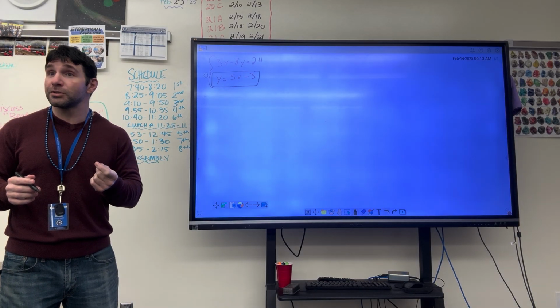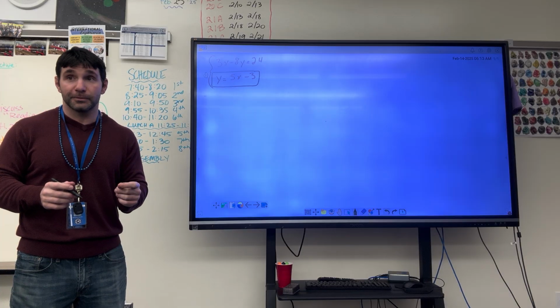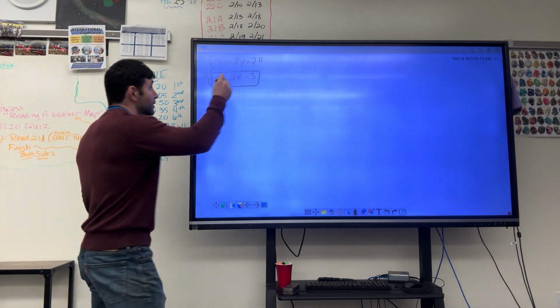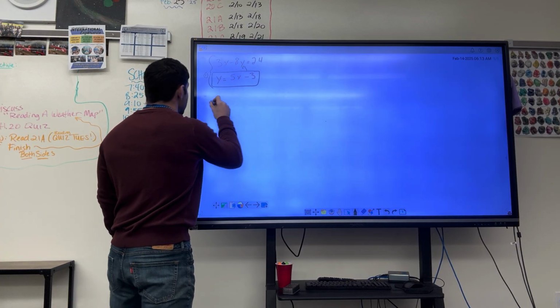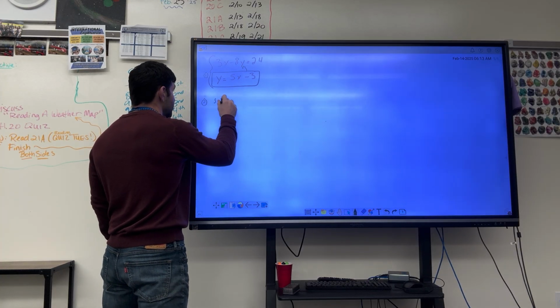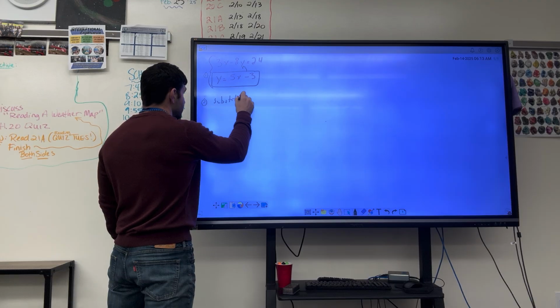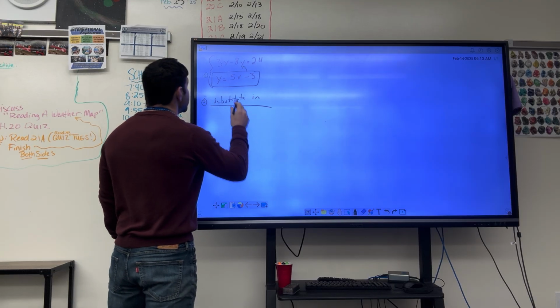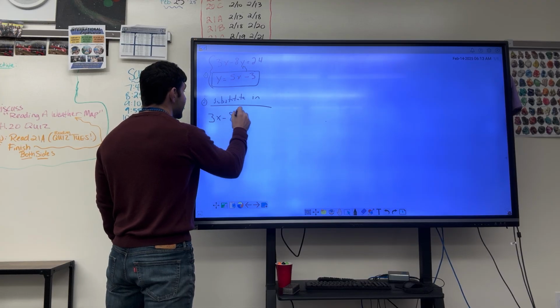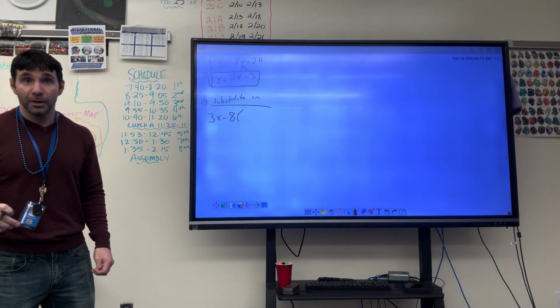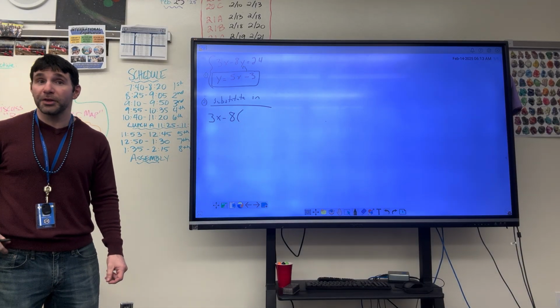Step 2 is substitution. We're substituting into what letter? Y. Very good. It goes into y. So step 2 is substitute in. So now I have 3x minus 8 parenthesis, because y is more than just one thing.